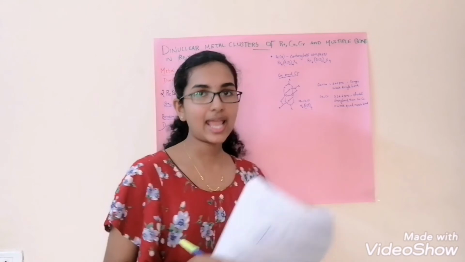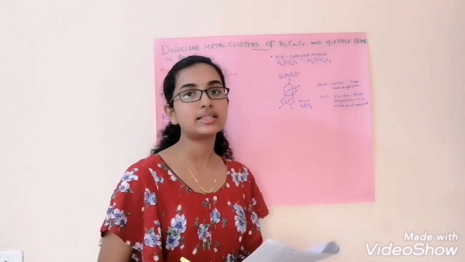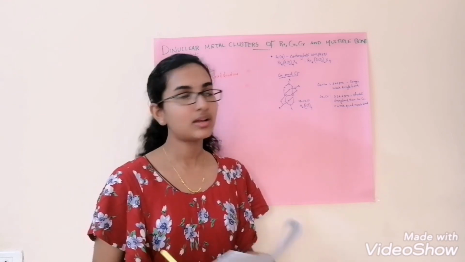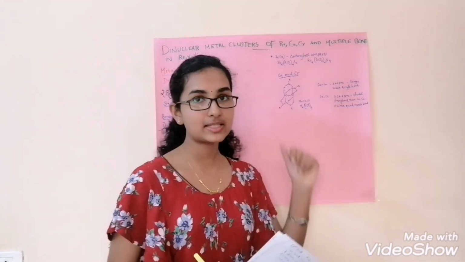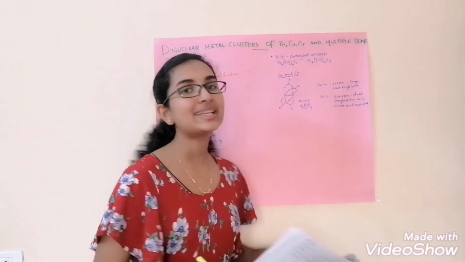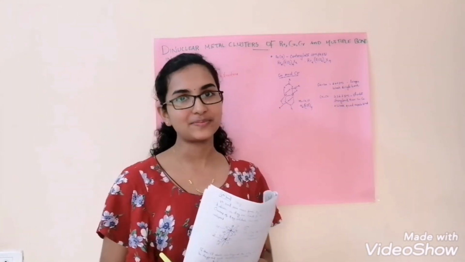So all of this evidence and orbital symmetry suggests that a weak quadruple bond is forming between chromium and chromium. In the case of copper, it was a weak single bond, but in the case of chromium, it is a weak quadruple bond. Thank you.